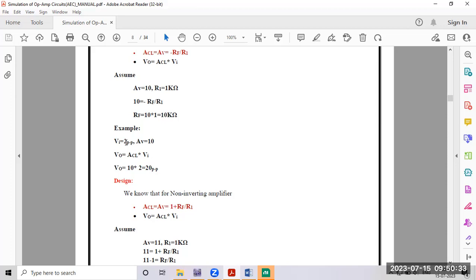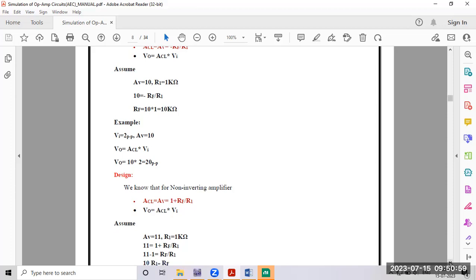VI equal to 2 volts peak to peak, AV is 10. V0 equal to ACL into VI. Substituting the value of ACL or AV, 10, into VI, 2, equals 20 volts peak to peak. If we give 2 volts peak to peak, the output should be 20 volts peak to peak.